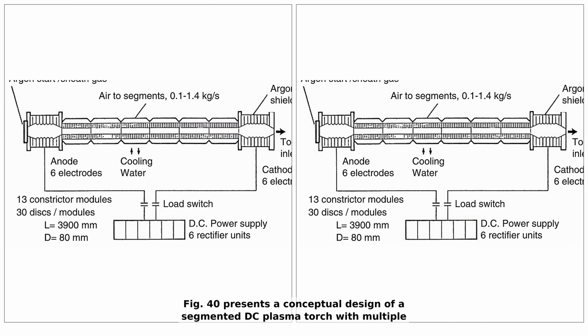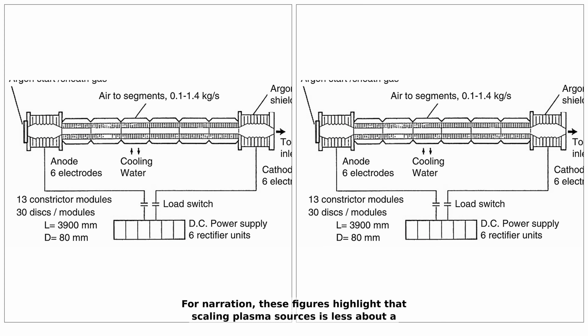Figure 40 presents a conceptual design of a segmented DC plasma torch with multiple electrodes, constrictor modules, and active cooling. Figure 41 shows a wall-stabilized, segmented high-power arc heater attributed to NASA, emphasizing that extreme power, pressure, and current require modular conduction paths and aggressive thermal management.